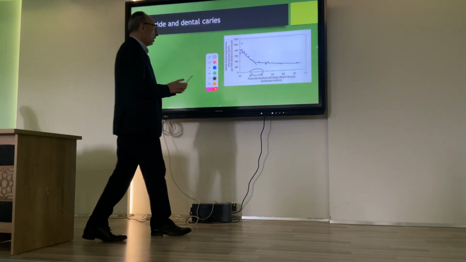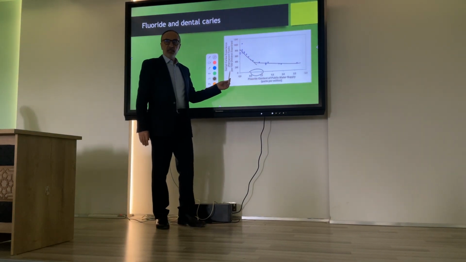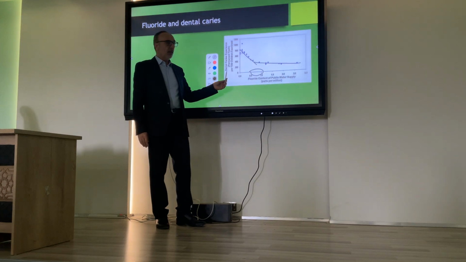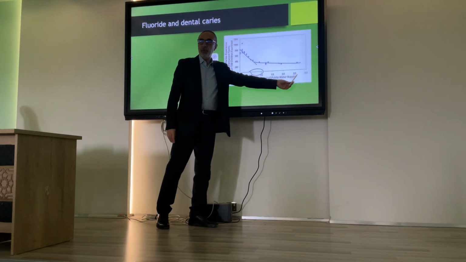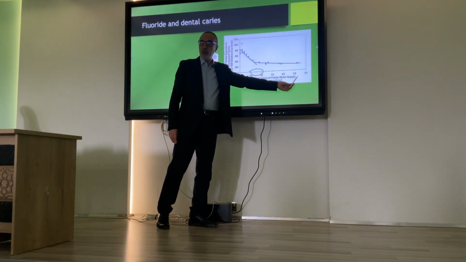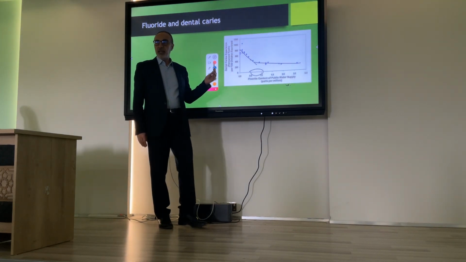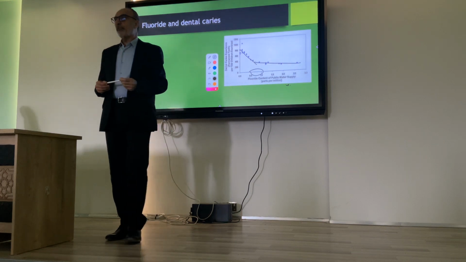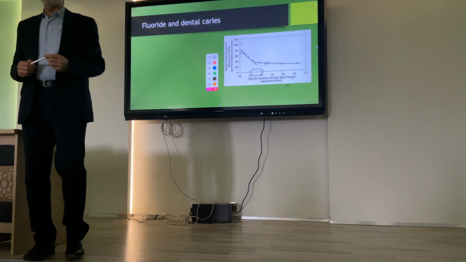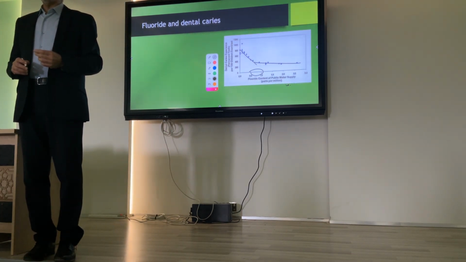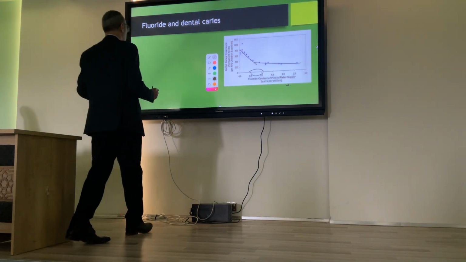If the concentration is greater than 1, the average DMF is very low, and if the concentration is less than 1 ppm, the average DMF is relatively high. This is called an observational study.